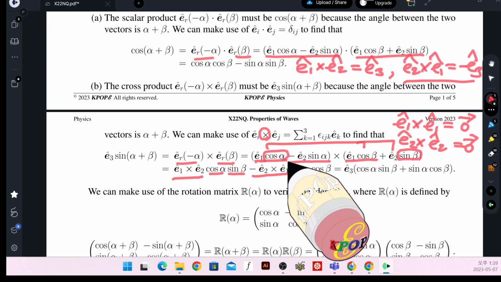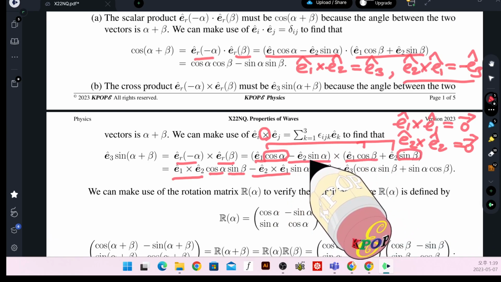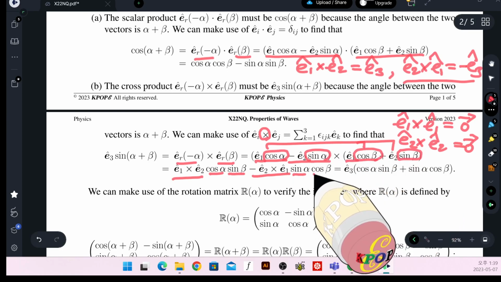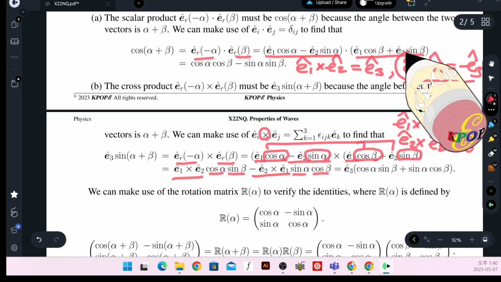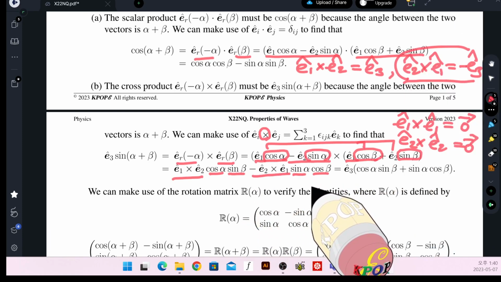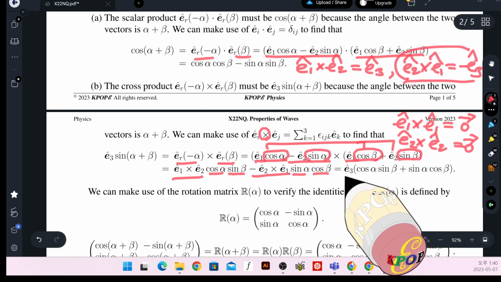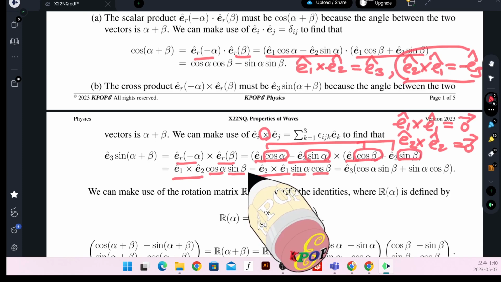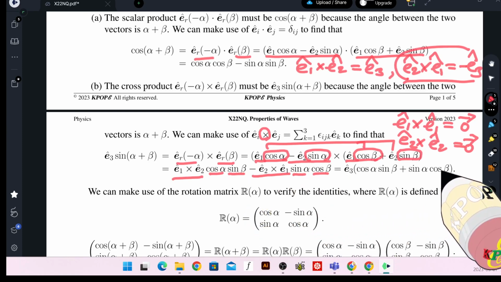Their coefficients are sine alpha, cosine beta. Because of the minus, minus minus gives a positive sign. So it is e3 times cosine alpha sine beta plus sine alpha cosine beta.